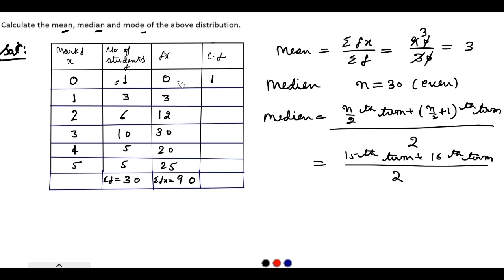This is 1, 1 plus 3 is 4, 4 plus 6 is 10, 10 plus 10 is 20, then 25 and then 30. Now 15th.